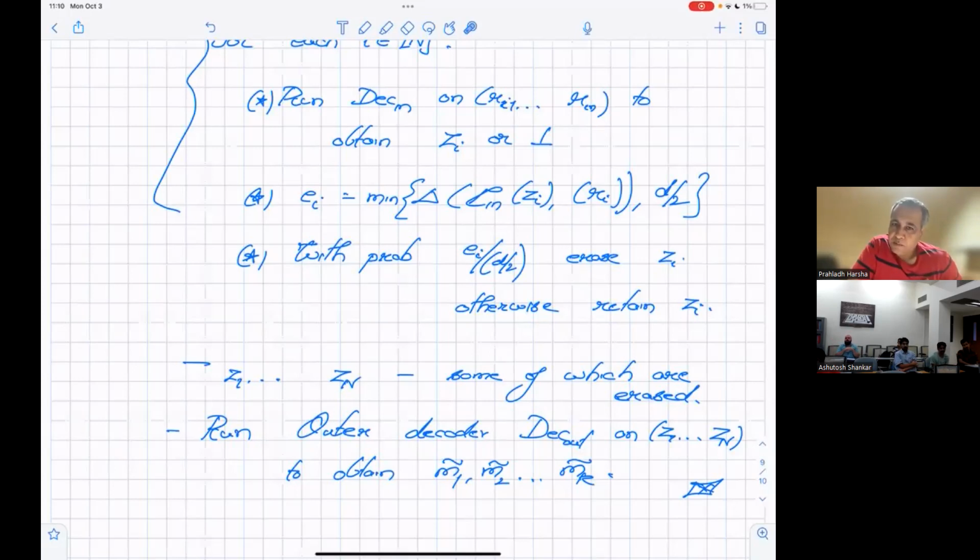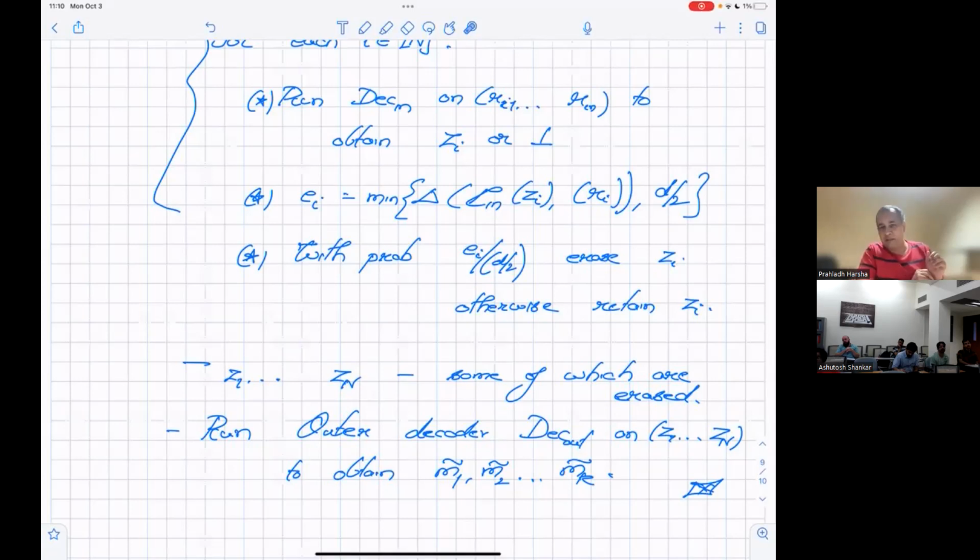So this is going to be the concatenated decoder. It's sort of interpolating between the two extreme cases that we talked about. In one case, you didn't have to erase anything. In the other case, you had to erase a lot of things. And this is sort of going to do the two intermediates. This is the GMD decoder, Forney's GMD decoder.